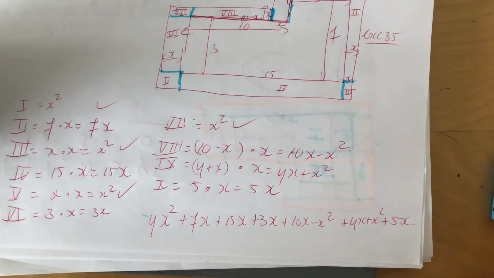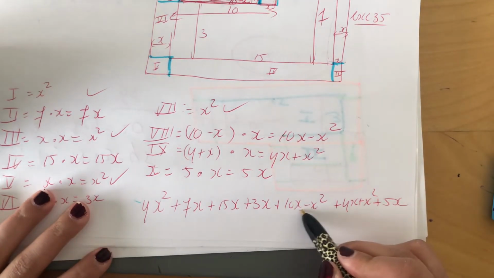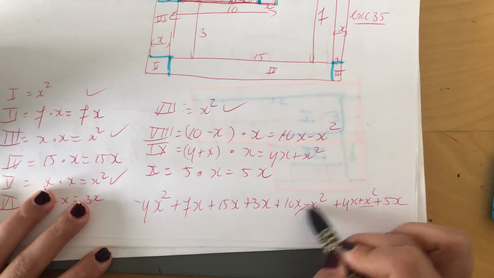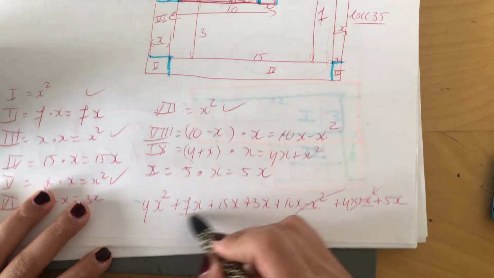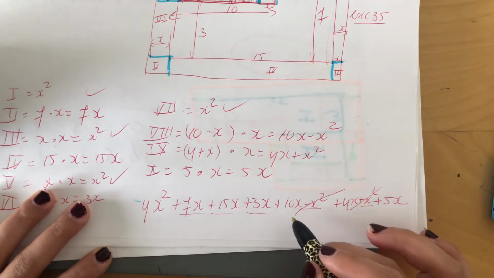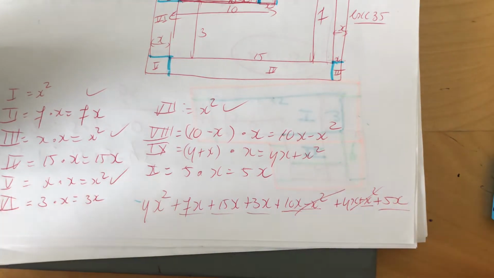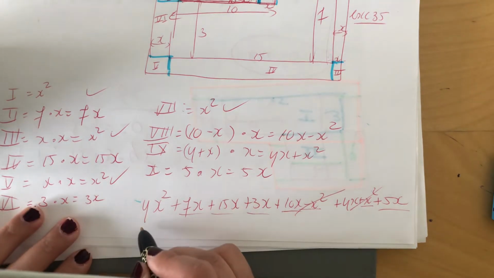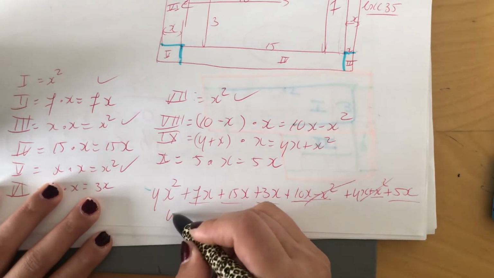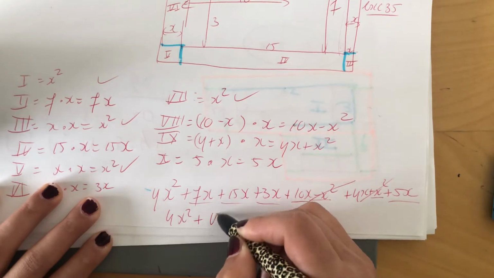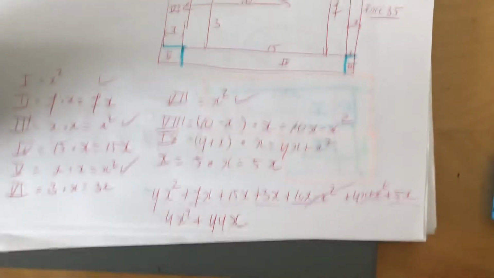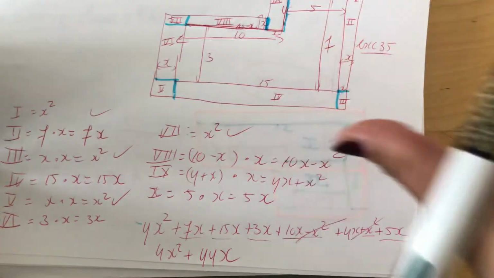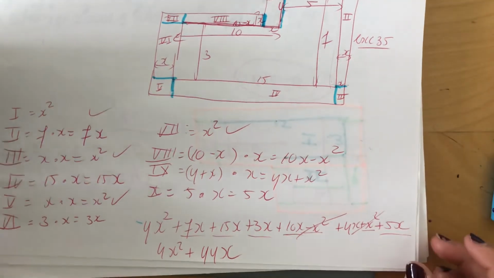Now, you get x squared over here and plus x squared get 0. 7x, 15x, 3x, 10x, 4x, and 5x will be in total 44x. So we are left with 4x squared plus 44x. So that is the whole surface area of the path.